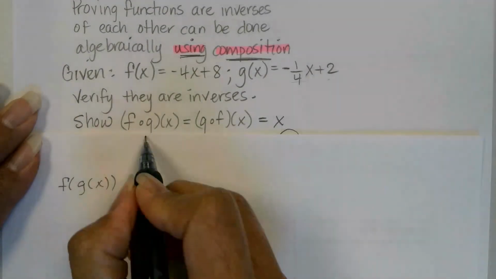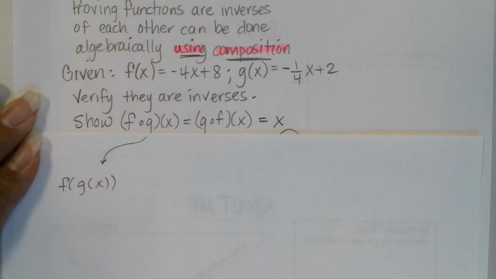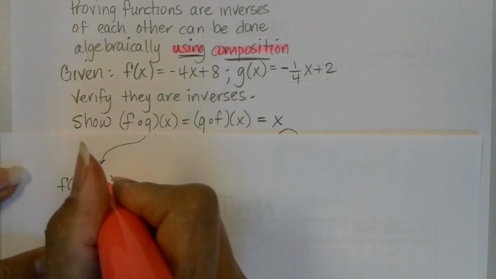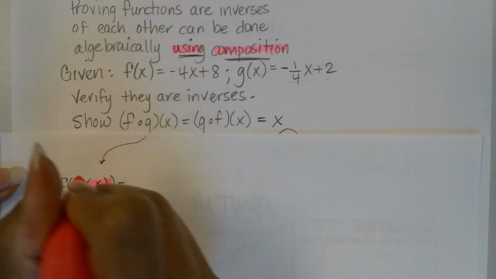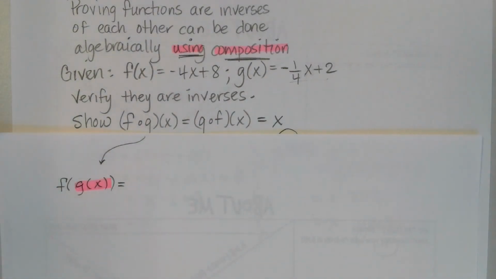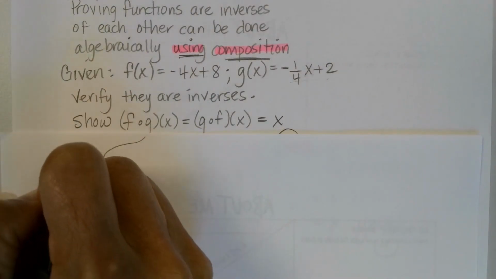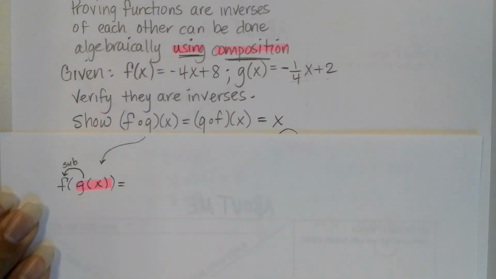So f composition g of x is going to be f of g of x. And as we learned in section 2.2, we start from the inside and we work our way out. So we're going to take that g of x and substitute it into the f function.